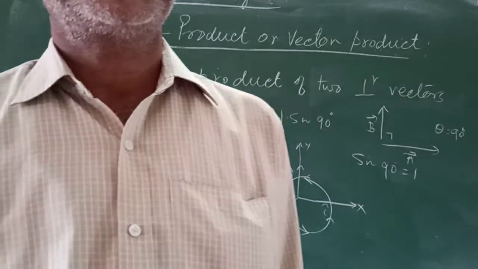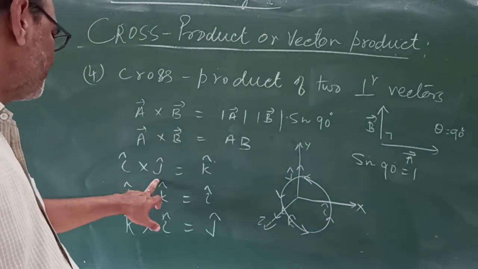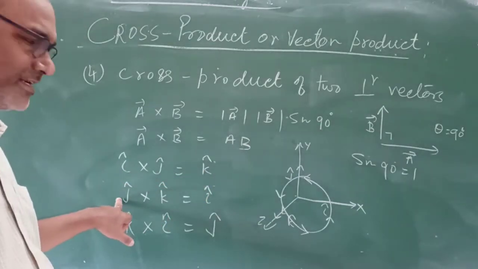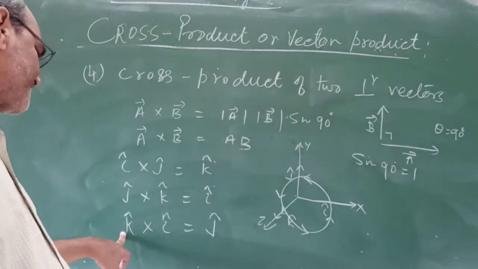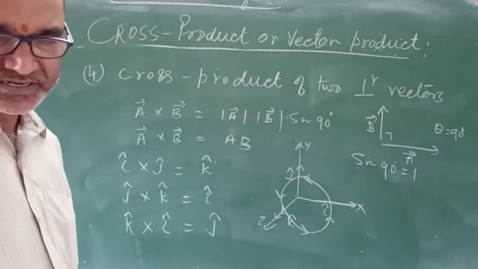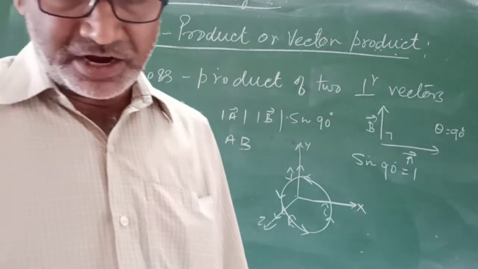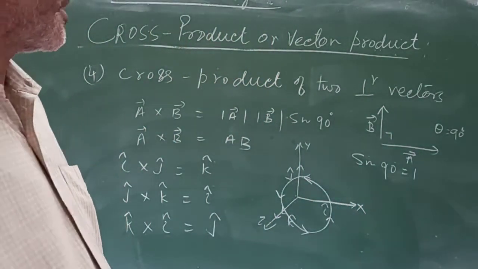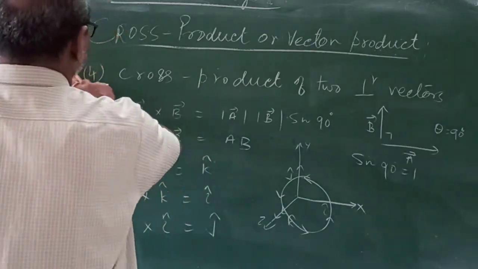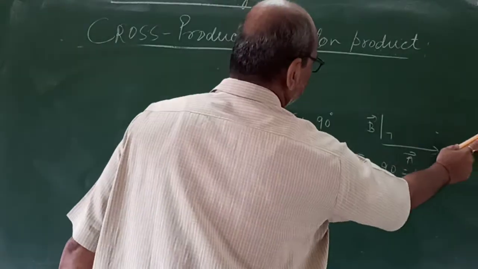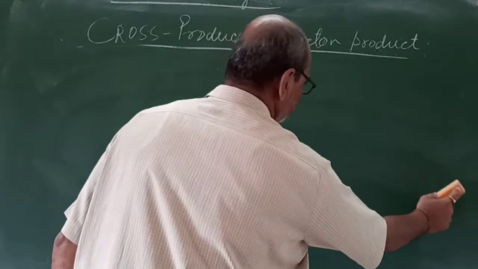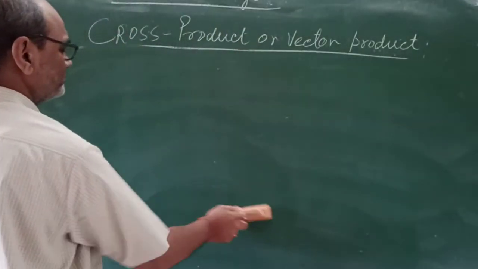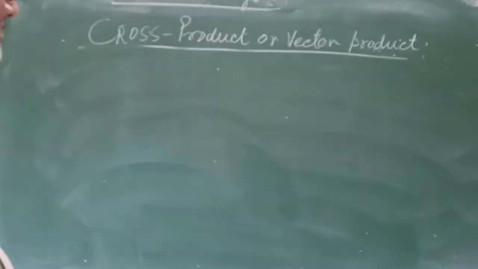If we take the other order, j cross i is equal to minus k, k cross j is equal to minus i, i cross k is equal to minus j. Now, how can we multiply in the cross product of two vectors in the rectangular component form?